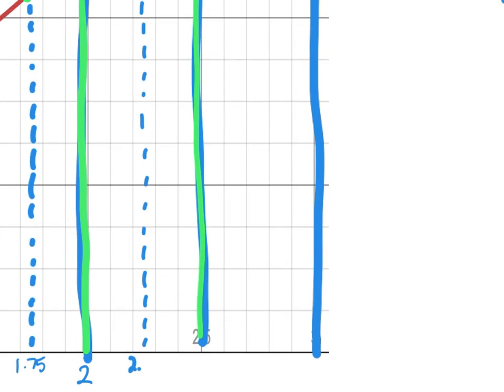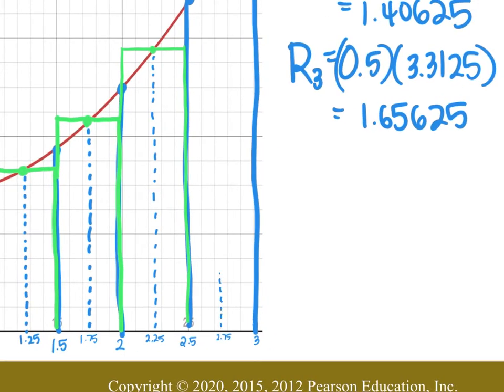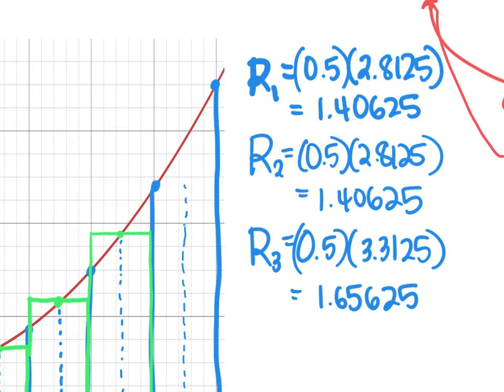Zoom in on that a minute. 2.25, this will be 2.5. This will be 3, so this would be 2.75. I can come straight up to where that's going to be and find that middle. Okay, partially above, partially below.